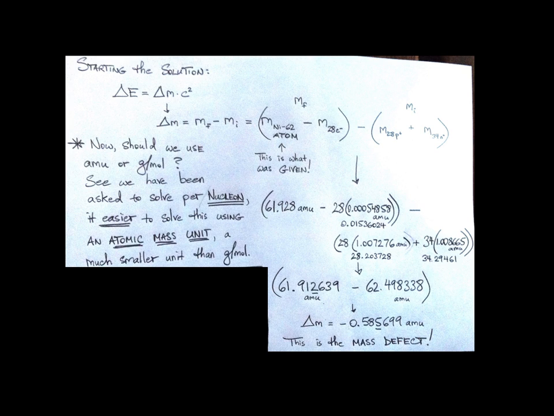Once we've done this calculation, change in m is equal to negative 0.5855699 AMU, and this is the mass defect, the mass that has been lost from the nuclei, the mass that has been lost in forming that nucleus.